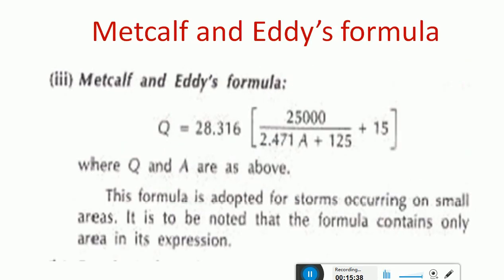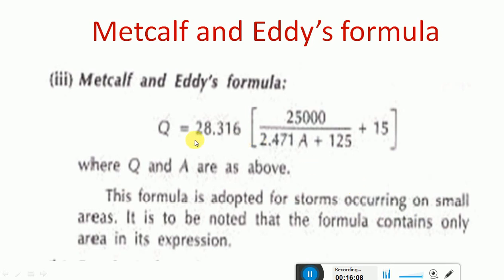Then you have the Metcalfe and Eddy's formula. This formula is adopted for storms occurring on small areas. Note that the formula contains only area in its expression. It does not take into account the coefficient of runoff, so there is a limitation that it can be adopted only for smaller catchment areas.